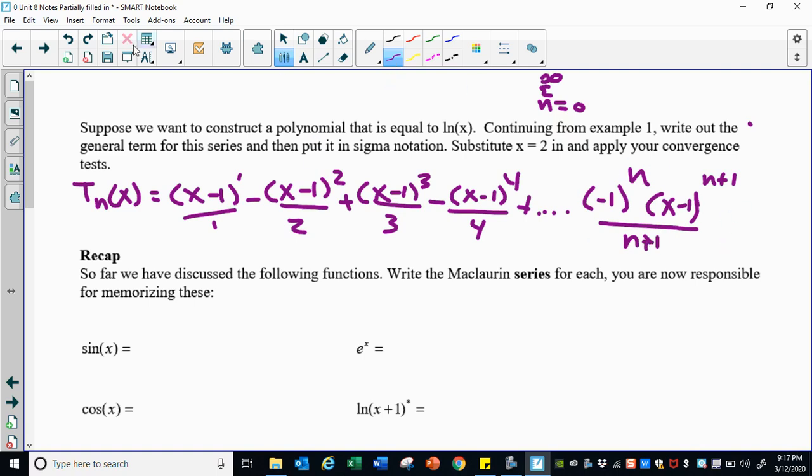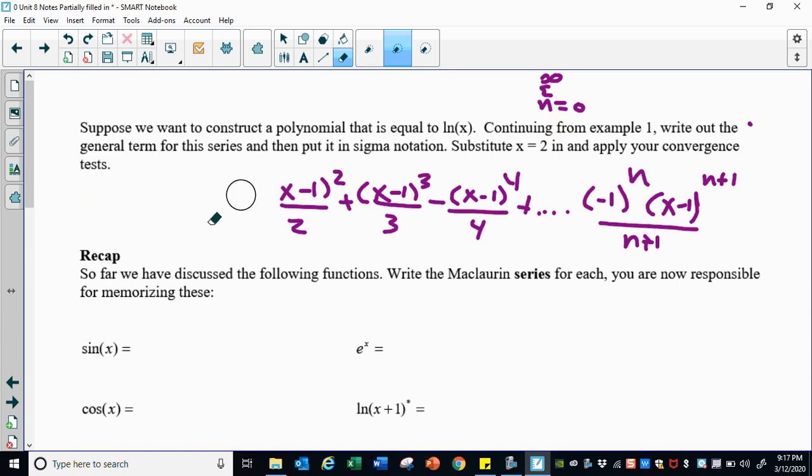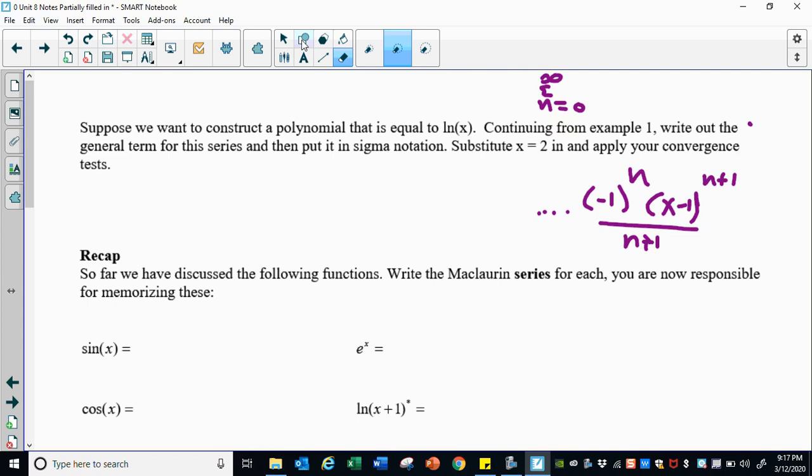Now I'm going to erase some of this so I can make room for the series. So once I got the general term, let's figure out what the series would be. So this is natural log of x. We're going to say it's equal, but probably not always going to be equal to this.